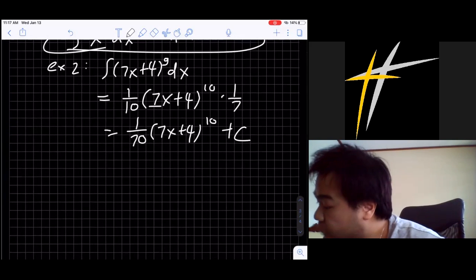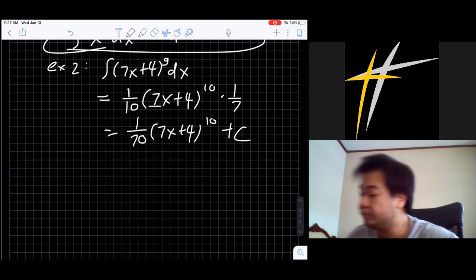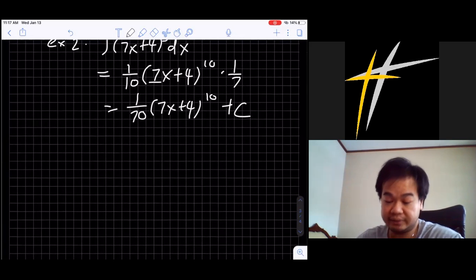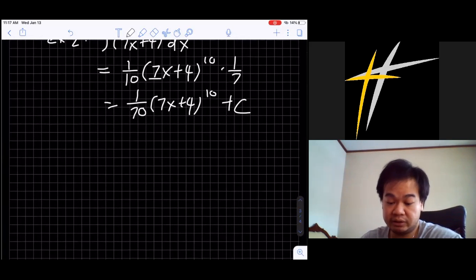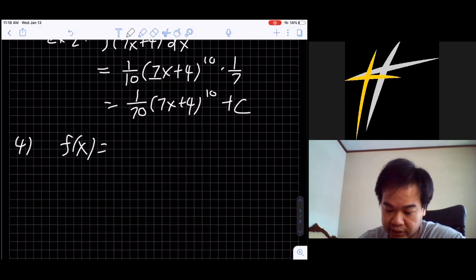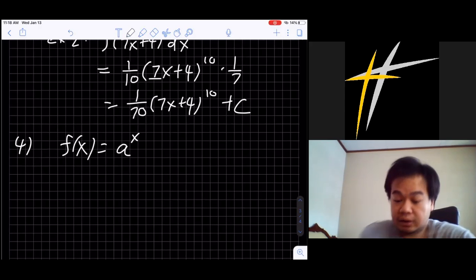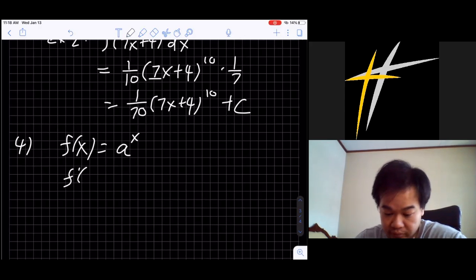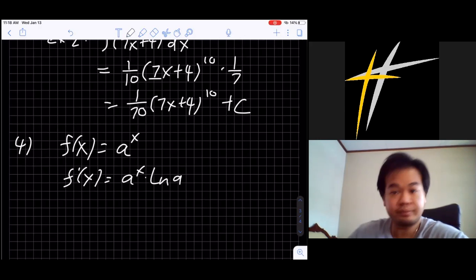And then the last one is the integral of the exponential function. Now let me review first. If you have f(x) equal to, let's say, a power of x, then the derivative is actually a power of x ln a, right?